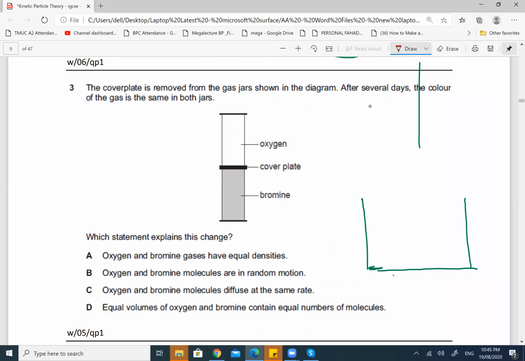Let me try to make this easier. These are the water molecules, right? They have attractive forces, and they become energetic, and the particle evaporates and escapes in the air. This is what's happening. Now when you add a salt, it becomes more difficult.